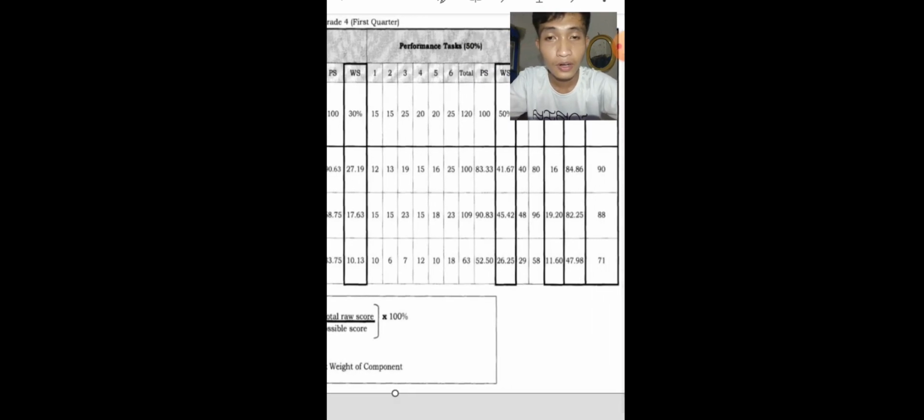For learner C, learner C got 10.13 for the written works, and for the performance task, learner C got 26.25, and for the quarterly assessment 11.60. So we add those, and it sum to 47.98.